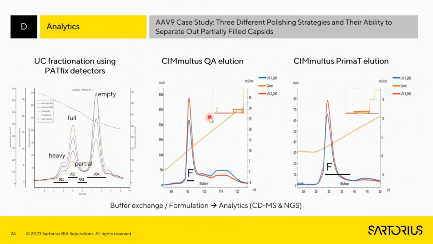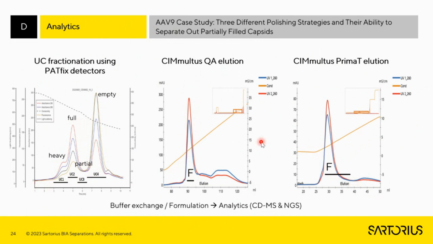We also did the QA elution on the QA chemistry, where we collected just the full capsids, as well as the Prima T, where we collected slightly more. So those empties were also engulfed here.